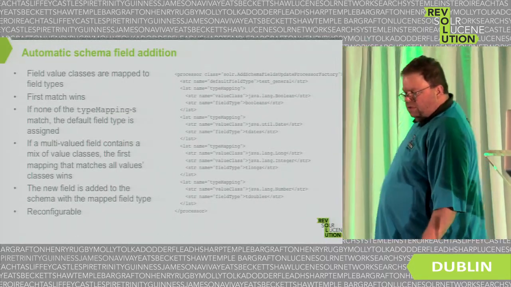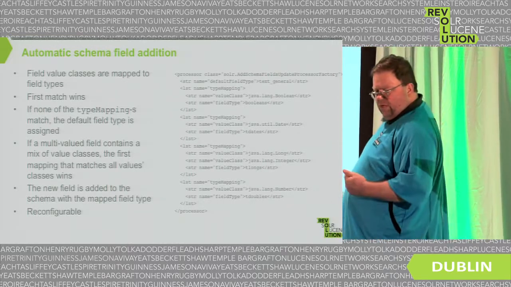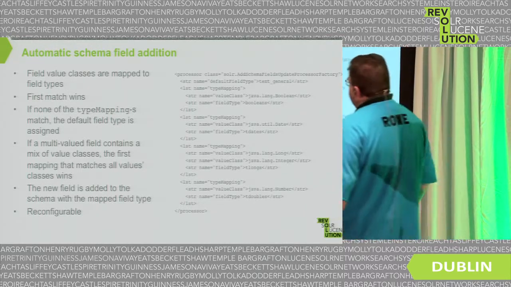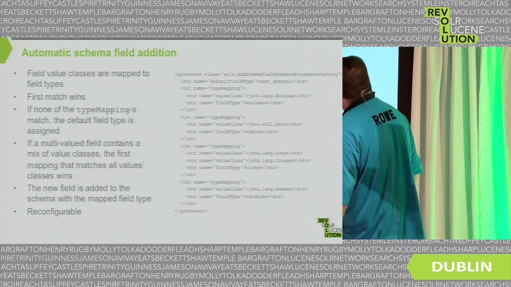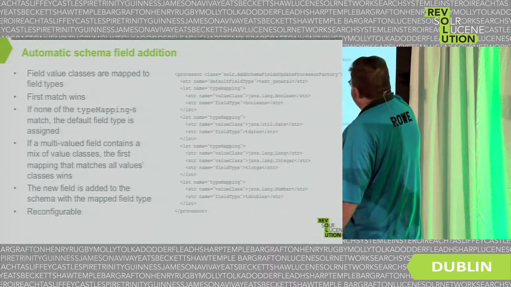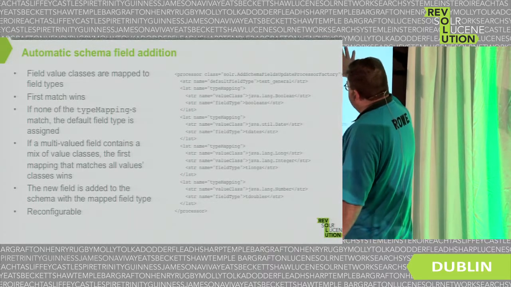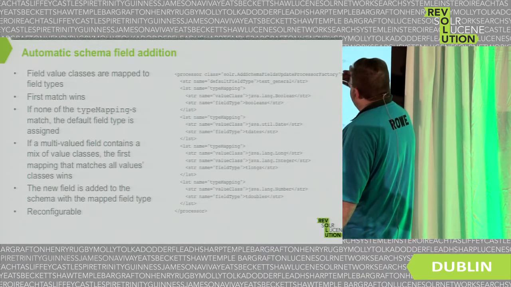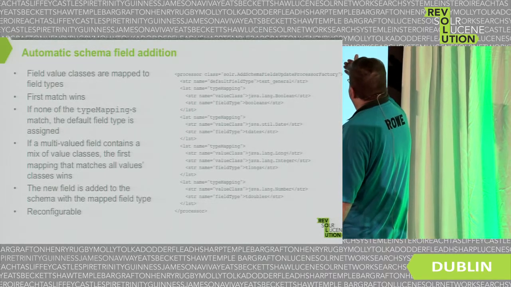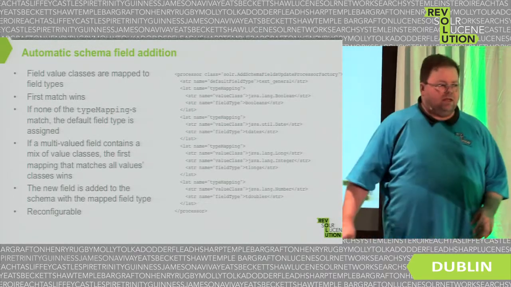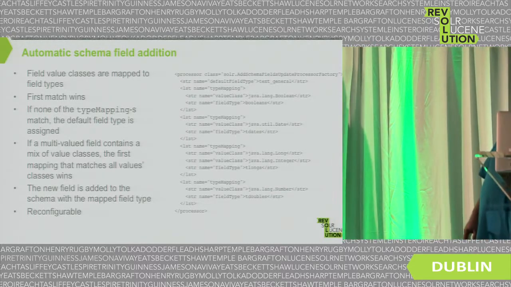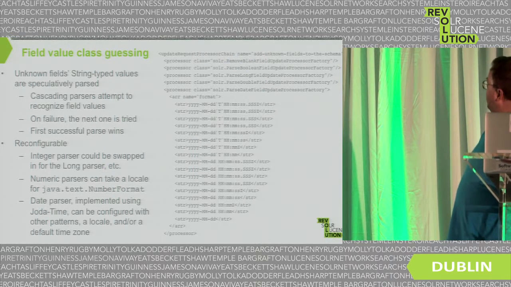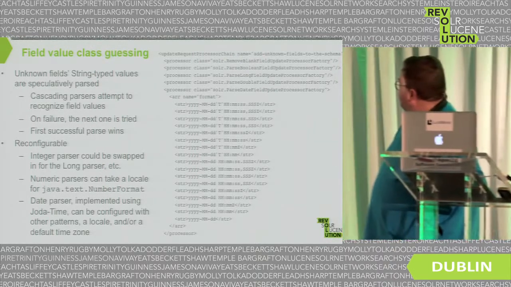So the final of the three features that comprise Schemaless Mode is this automatic schema field addition. Field value classes are mapped to field types. You can see over here in each one of these type mappings, which are applied in the order that they're specified. I didn't say this, but this is just a continuation of the same update request processor chain.